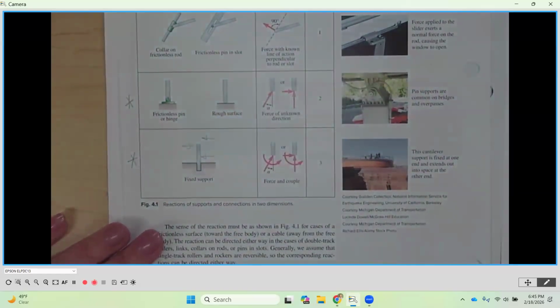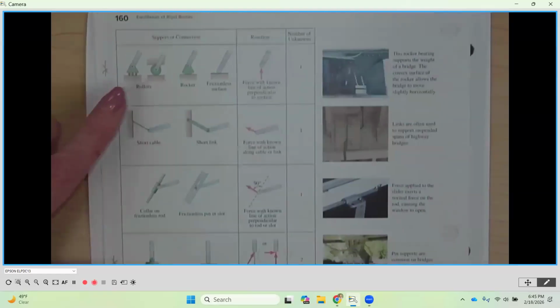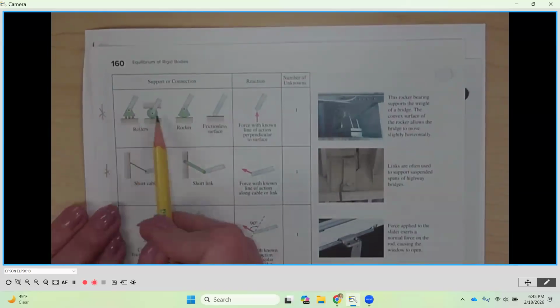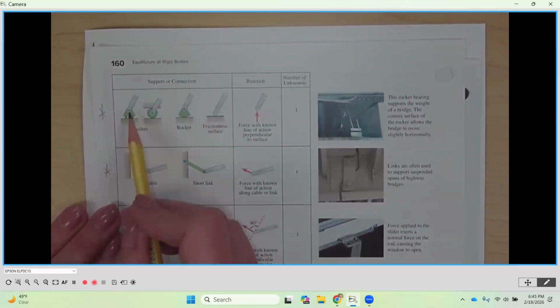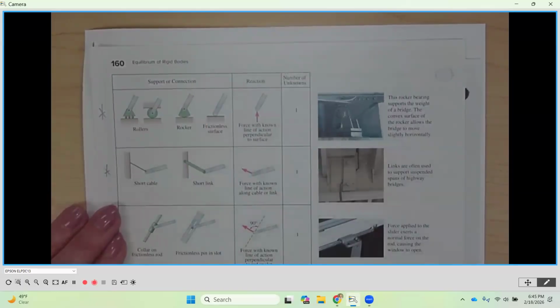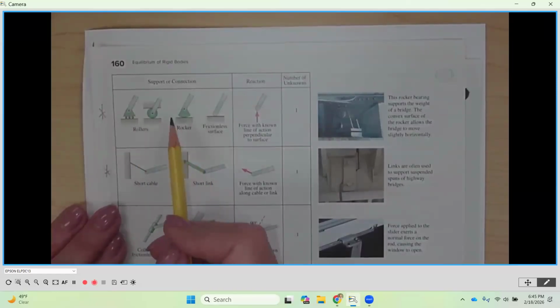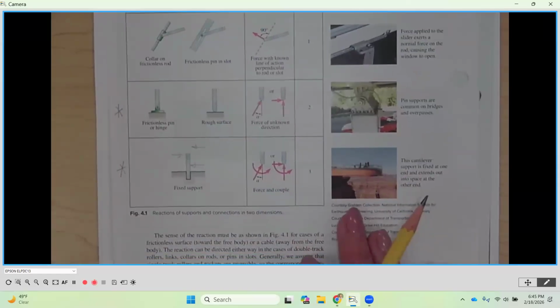Compared to a roller, which allows this to freely move back and forth, but it has to be in contact with the surface to support. So that's why there's one force perpendicular to the surface it's riding on, not horizontally. So just one for rollers, two for pins.